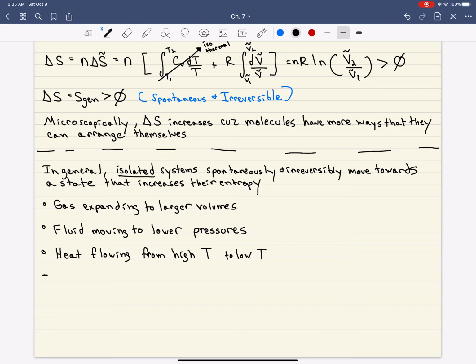But eventually, if we wait long enough, so if we wait an infinite amount of time, we'll see that these systems will stop evolving.